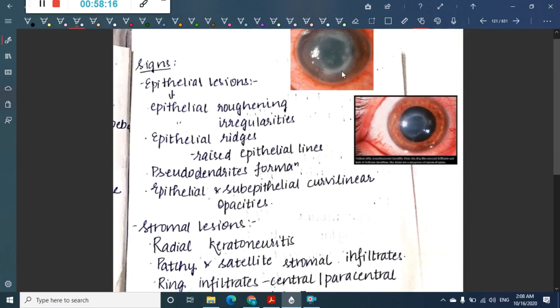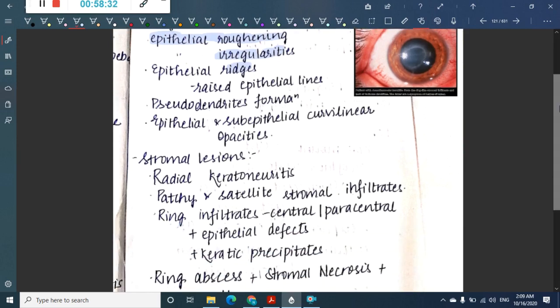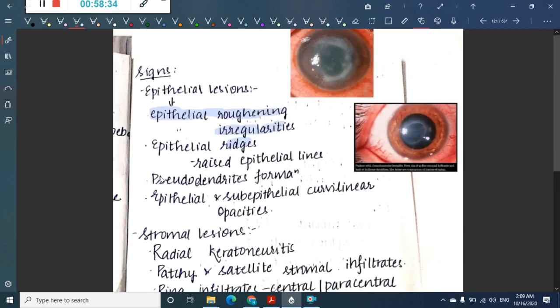Then what is important here, among all these, I'll just put the important points. You will see epithelial lesions like epithelial roughening and irregularities, and epithelial ridges. Okay, here you will see the roughening, right? It is not normal. And then sometimes you will see pseudodendrite formation here.